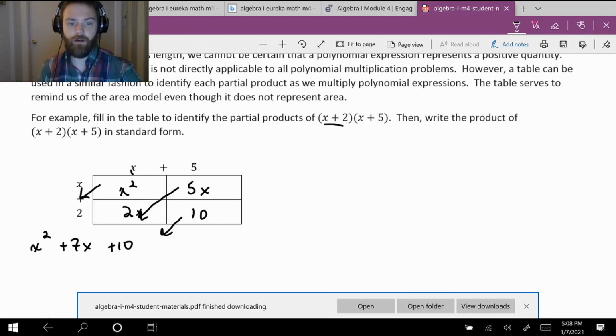So this is a binomial times a binomial, which becomes a trinomial, right? So the leading term is to the second power, the second term is to the first power, and then the third term is constant. That's a trinomial, or it's also known as a quadratic, okay?